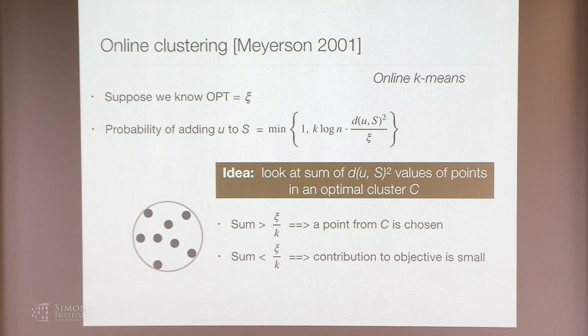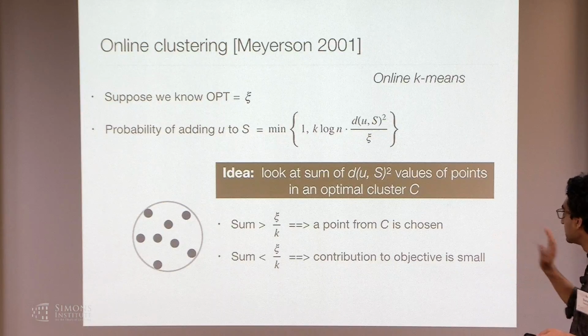And if the sum for the whole cluster was smaller than c over k, then you're in good shape already, because this cluster doesn't contribute more than c over k to the objective. So there are only k clusters, and you're still in good shape. So this is a very simple strategy.